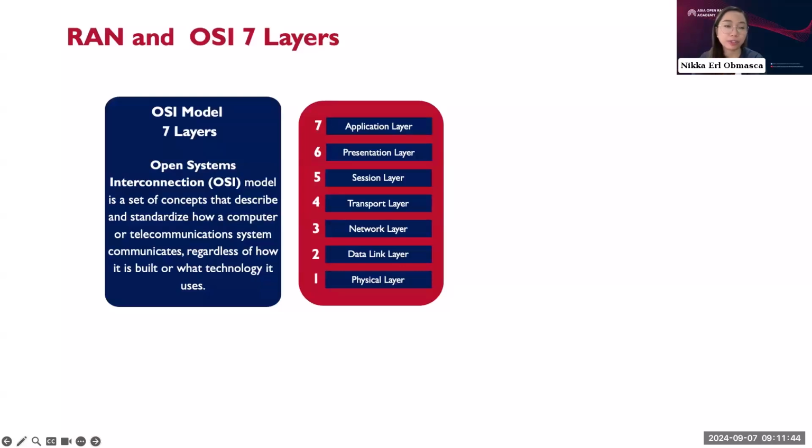Syempre yung cables, the switches, or how signals are transmitted over a physical medium. For example, we have the Ethernet cables or Wi-Fi signals that physically connect the different devices.